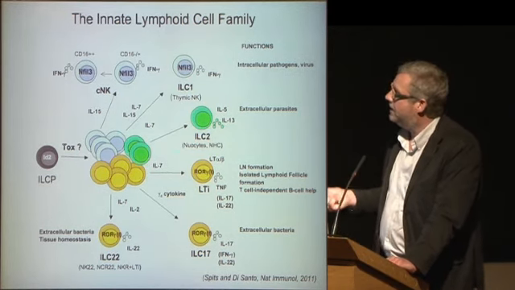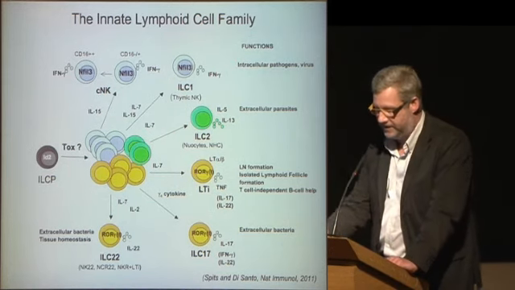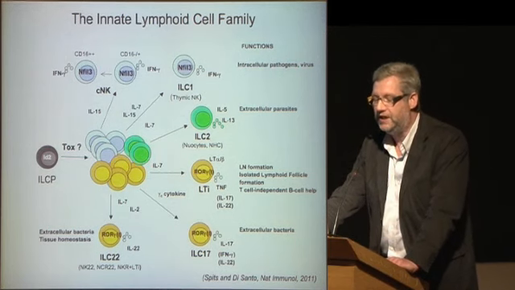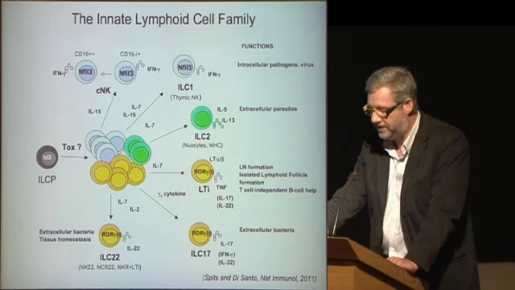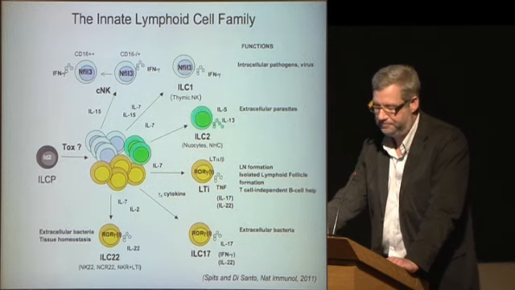So we have clearly a very large panel, and now we see that in contrast to what we thought a couple of years ago, where maybe innate cells were much stereotyped in their response, we see that there's quite a diversity in terms of the cytokine production that's available during immune responses, even at the innate level.